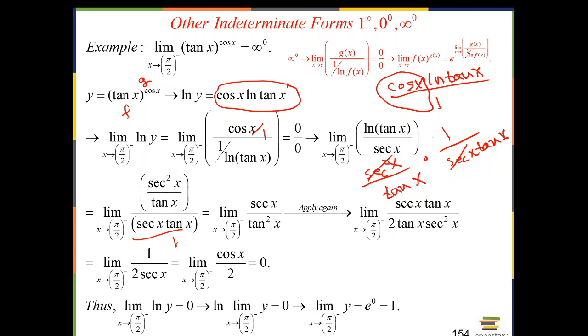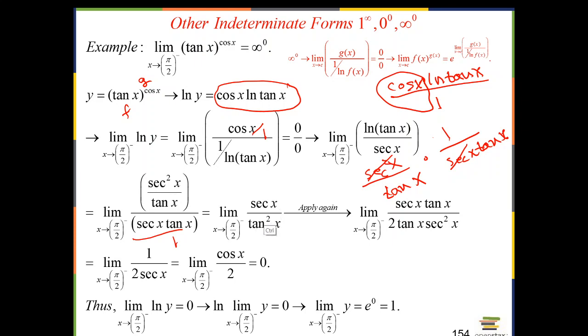All right, now what is the limit? When we substitute pi over 2 here, secant pi over 2 is 1 over cosine pi over 2, and again we get the same problem, infinity over infinity.